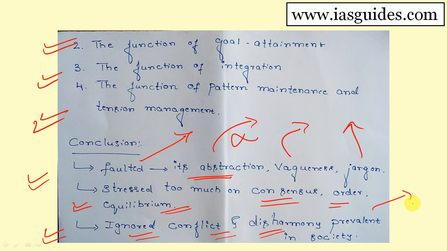A policy in the system may benefit some people, then they will be happy, and other people who are not benefiting from that, definitely they will not be happy. So disharmony will also be there in society, which Talcott Parsons neglected. That is what many people criticize Talcott Parsons for.